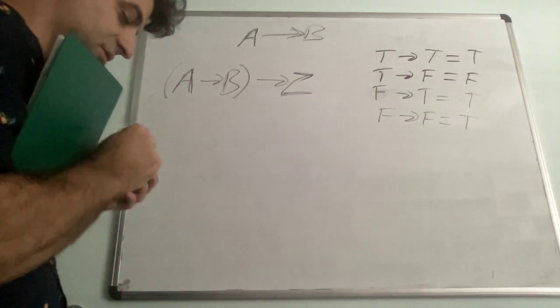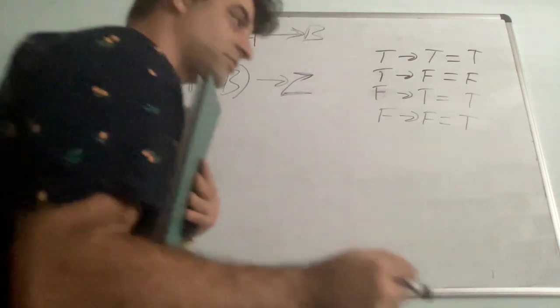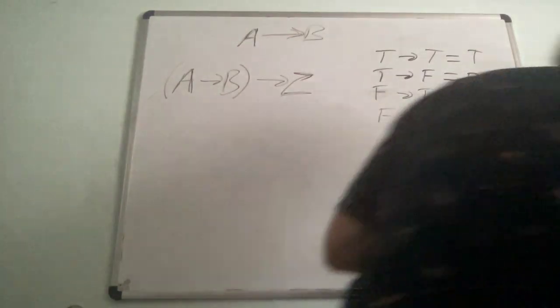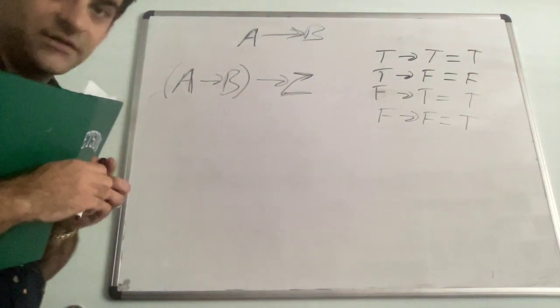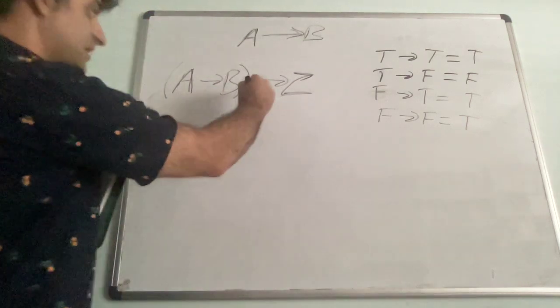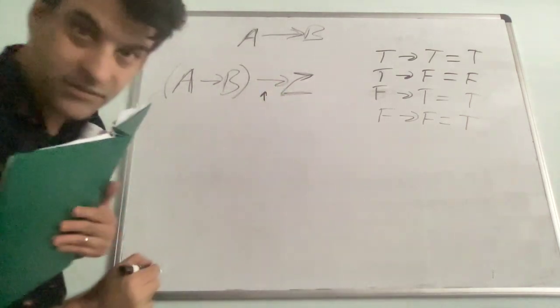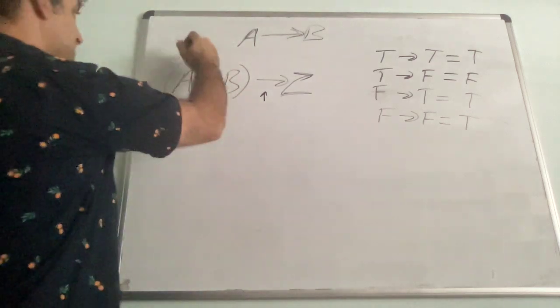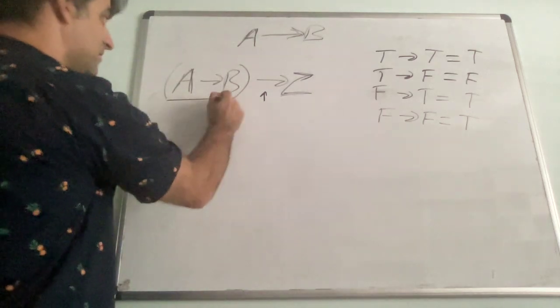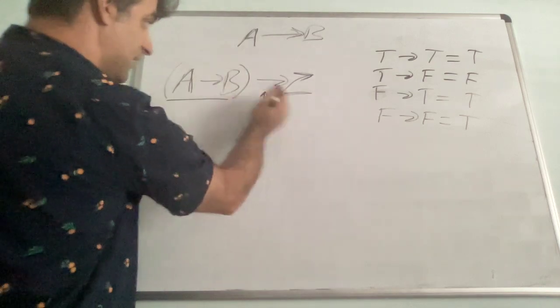Okay? A arrow B implies Z. Where this arrow is the main connector, right? Because this A arrow B is a group. This statement in parentheses is the left side, and this is the right side.